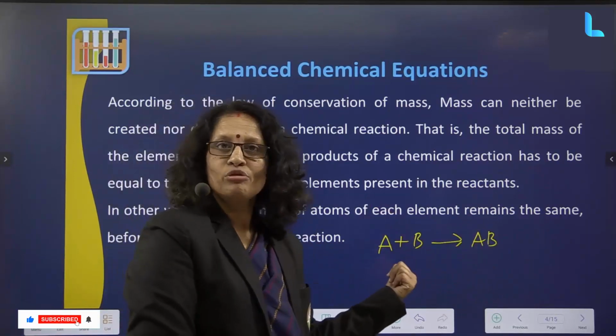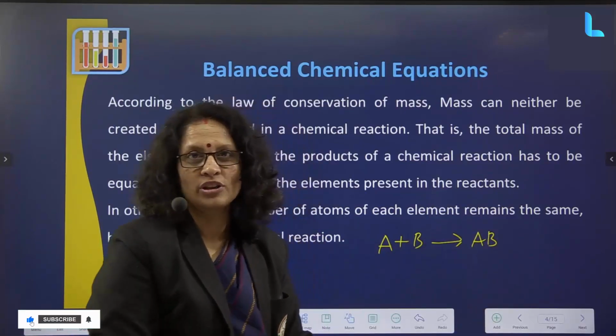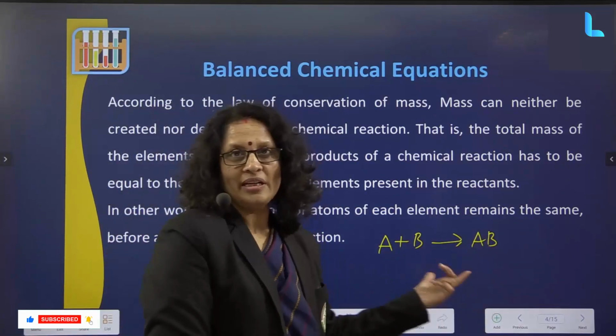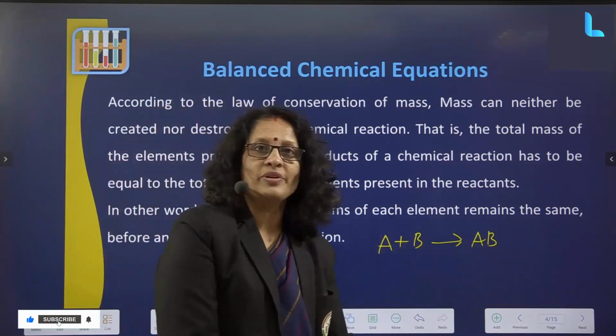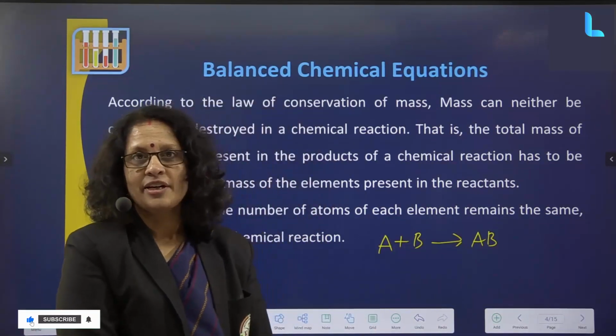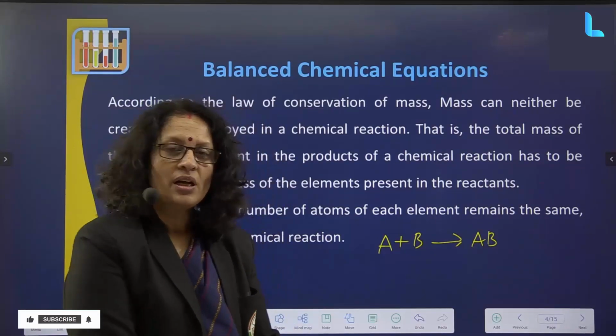One atom of B on the left hand side, the reactant side, as well as one atom of B on the product side. The product is 1 and reactants are 2, that doesn't matter, but the number of atoms is the same on the left hand side and right hand side. This kind of equation is called a balanced chemical equation.